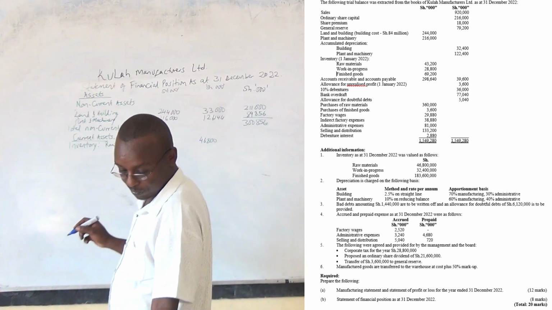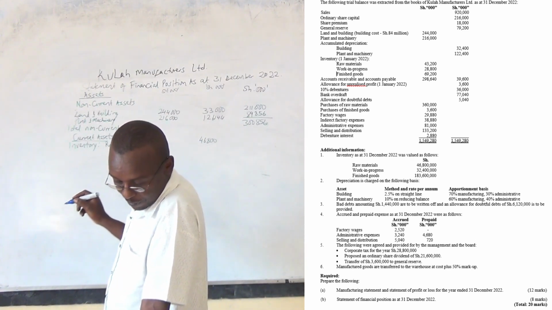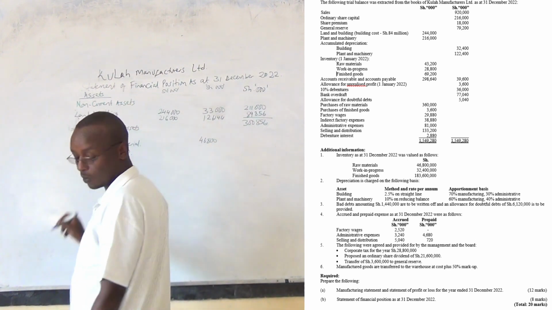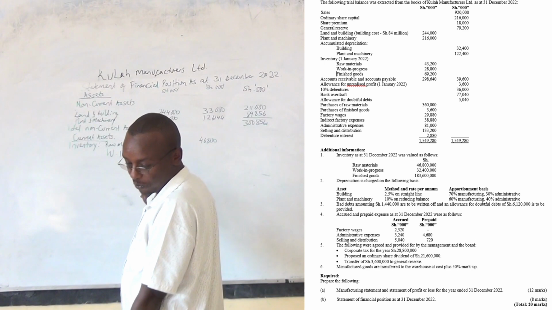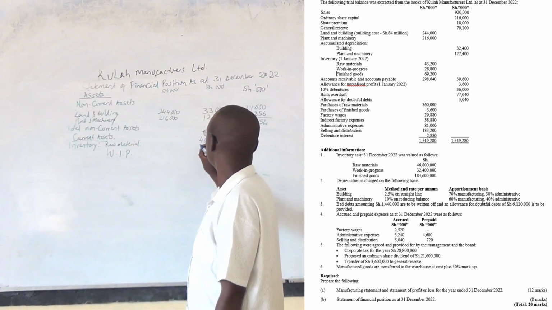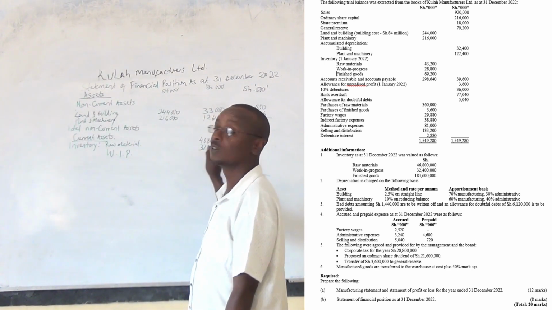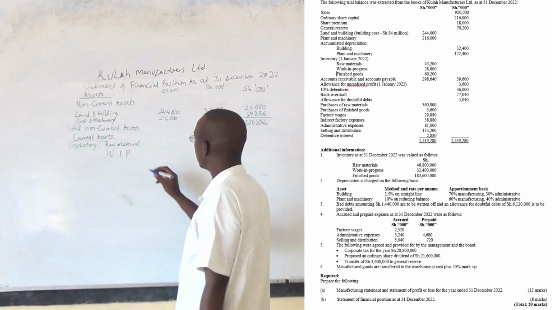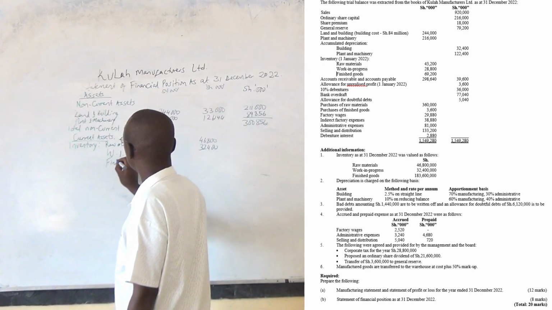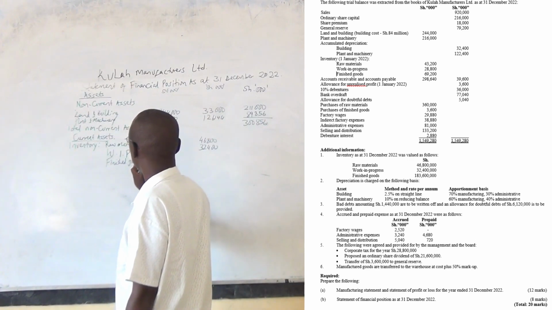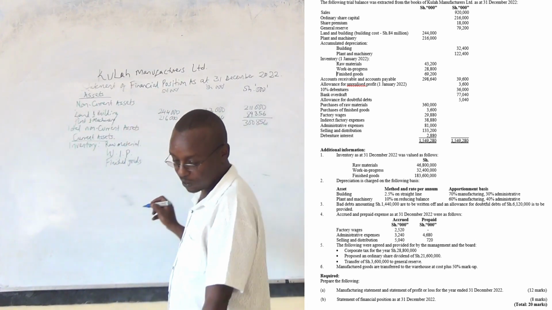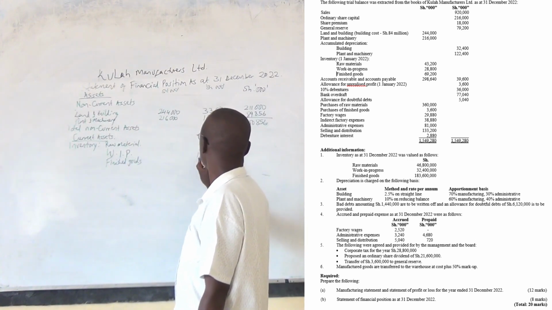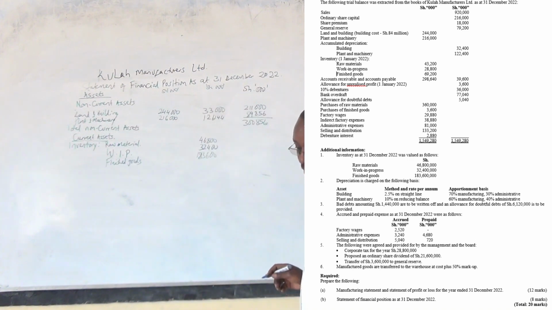We have work in progress. Work in progress is valued at 32,400. Then we have finished goods. Finished goods are valued at 183,600.